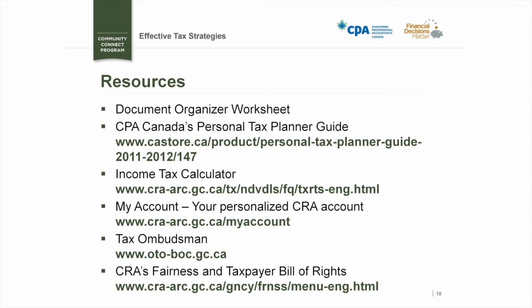My Account actually keeps track electronically of your installments, your tax returns, and is one that I'd encourage you to look at. The Tax Ombudsman, as I mentioned, is a person to look to if you have some disputes with the CRA. And there's also, the CRA will, in certain cases, deal with fairness if there are some tax problems you have, and there's also a reference there to a site. So these are all useful resources.